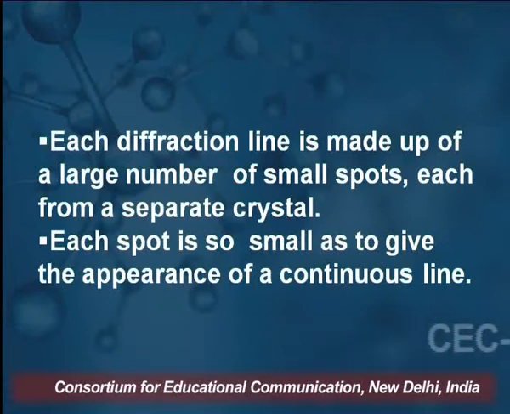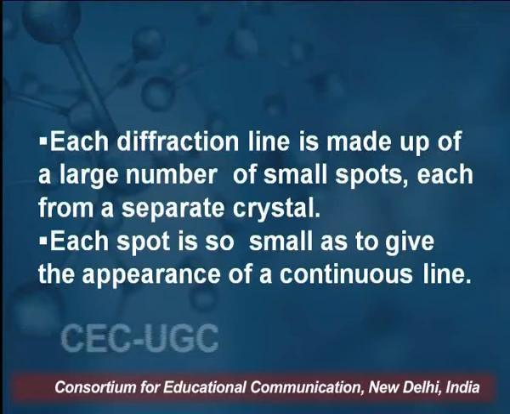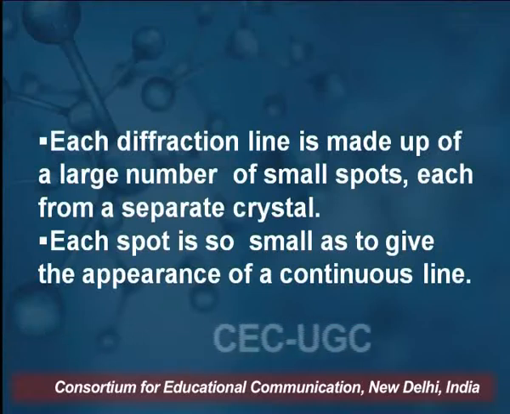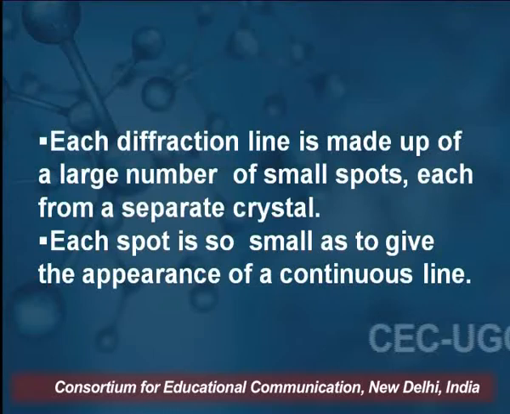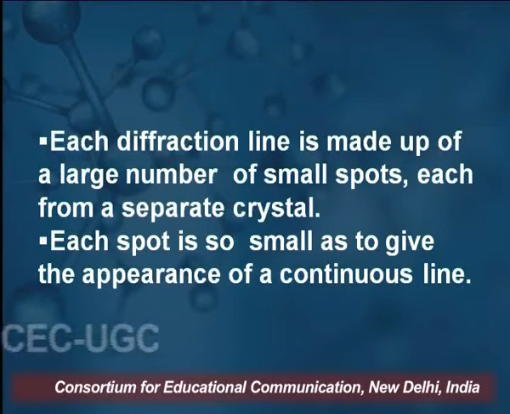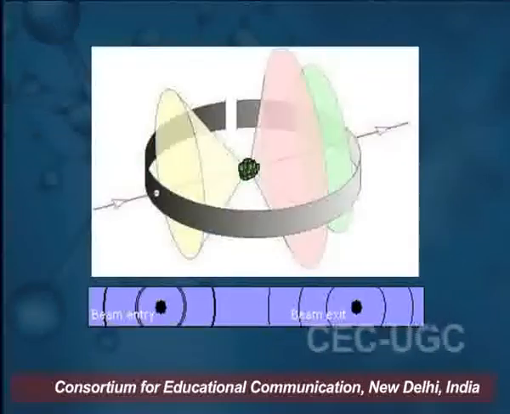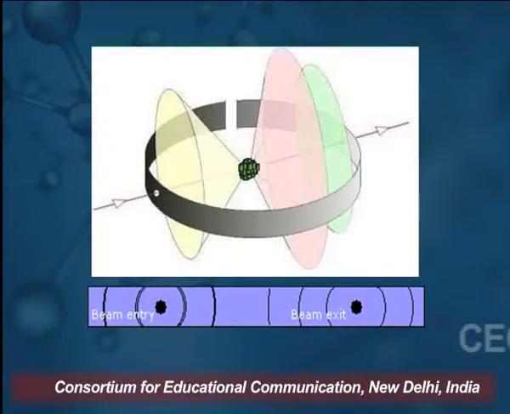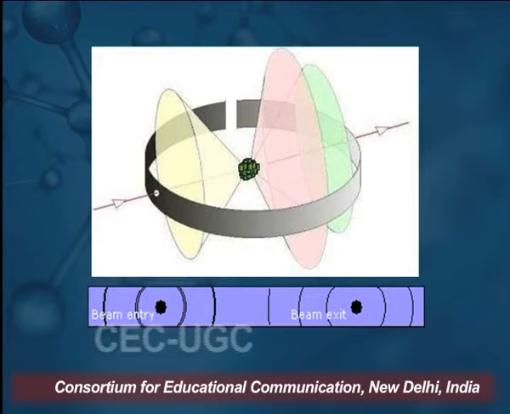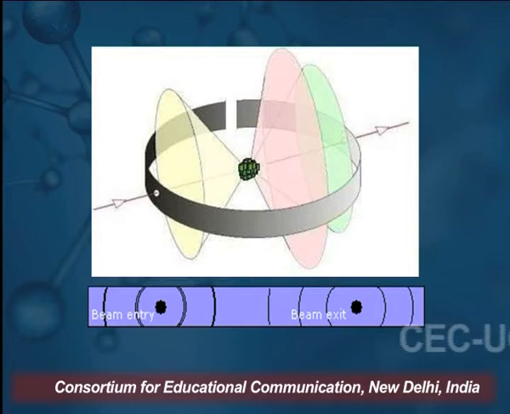So the spots which we are getting on the photographic plate will give the various spots, and when these spots are joined, then it gives the continuous line. Here we see in the diagram that this is the rotating sample, and this is the photographic plate where we have the pattern.